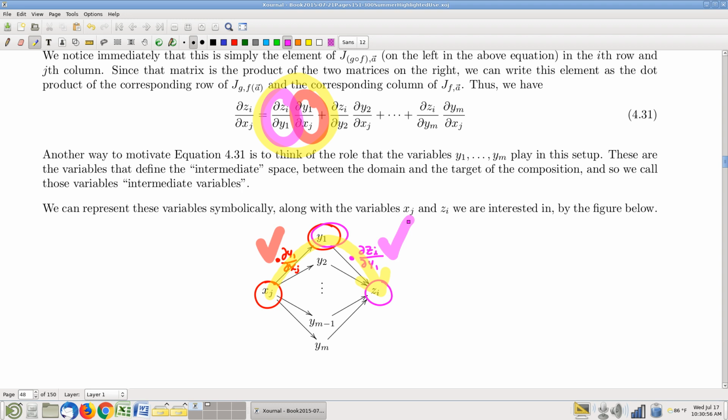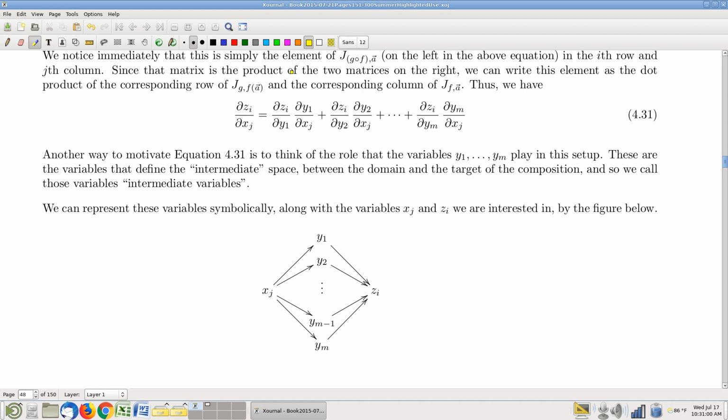So let me say that a little bit differently then. This term of the chain rule as we saw it from matrix multiplication is referring to how changes propagate through the intermediate variable y1. Changes in xj eventually get to causing changes in zi, but it does it, at least as far as that term is concerned, by moving through the variable y1.